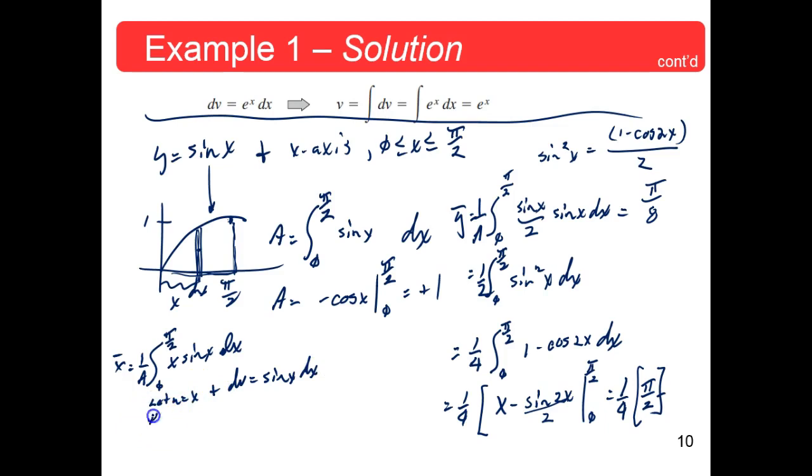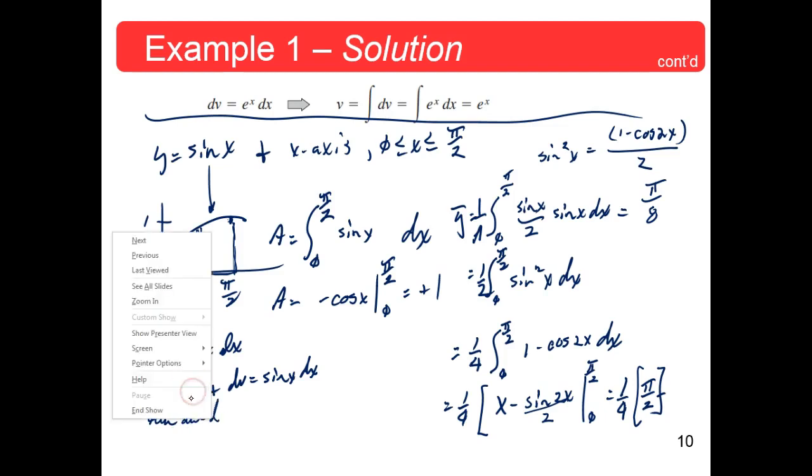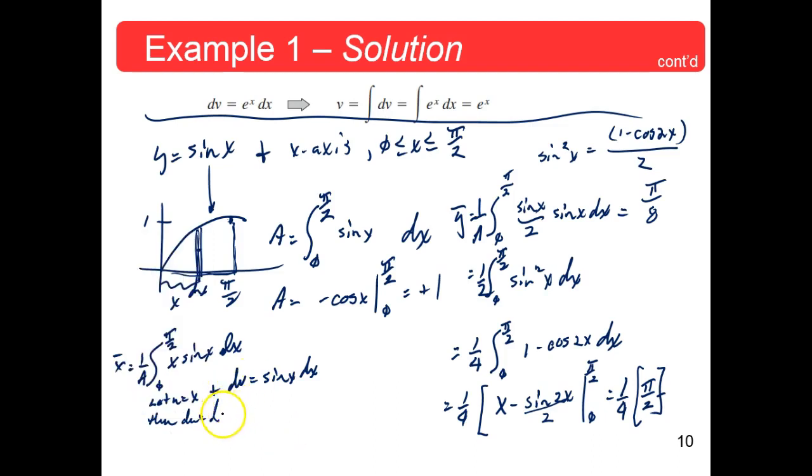Okay, then du is dx. You're not integrating; you're taking the derivative of both sides. Okay, du is dx, and now you're integrating here with v, and what do you get? Negative, is that right? Yeah, cosine x.